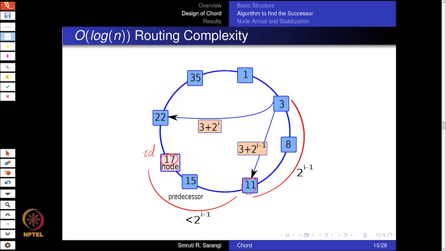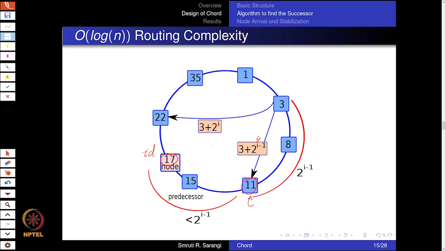And in this case, what's the value of i? Well, i is equal to 4. So 3 plus 16 is 19. And clearly the finger node of the next finger, the i plus 1th finger, is 22. So as far as 3 is concerned, the closest preceding finger of 17 is node number 11. So this is how we are going to proceed.